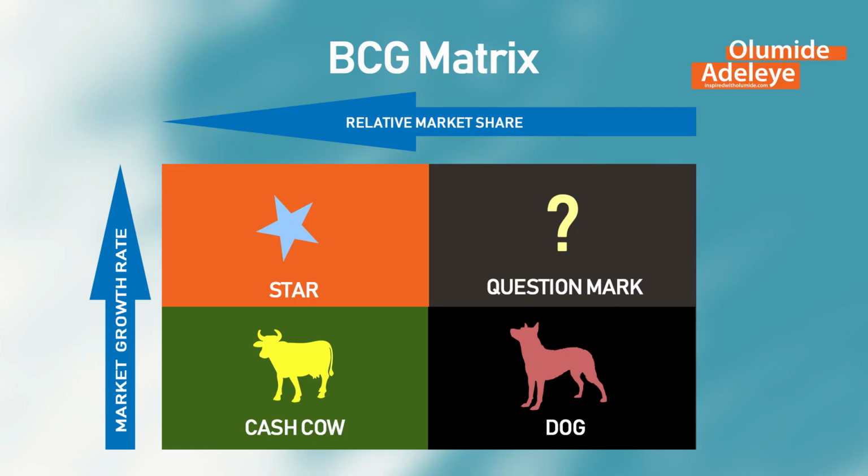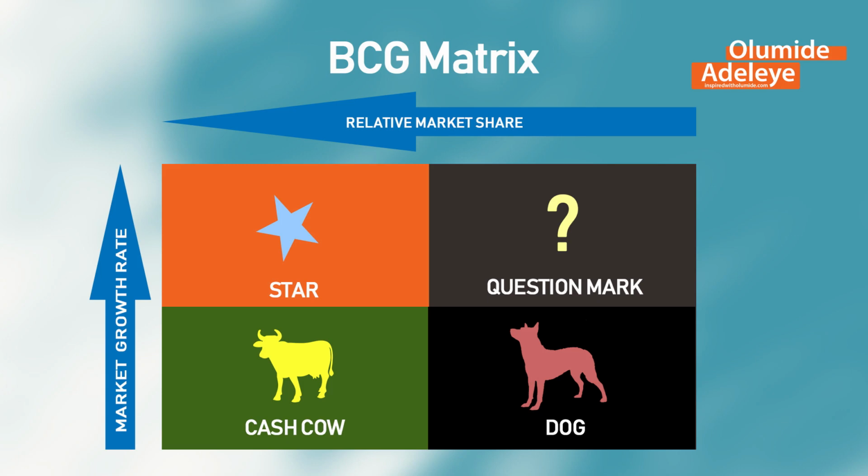And on the y-axis, you have market growth, but that one follows the normal order. So you have low on the lower part of the y-axis and high on the higher part. Based on the plotting of the x and y-axis, you're going to have four categories that make up the BCG matrix. The one that we're going to start with is the category that has been labeled dog.